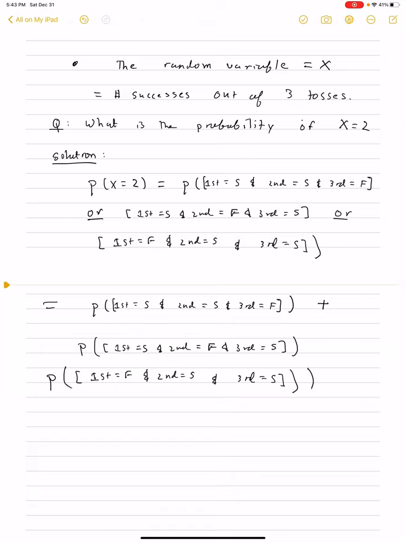Now, the probability of each of these can be calculated with these ands here. That's a key word. Because the tosses of the die are independent, this is going to be probability of success times probability of success times probability of failure.